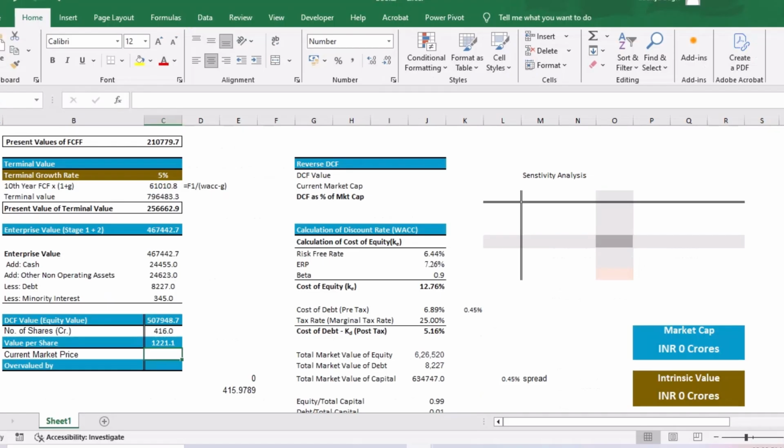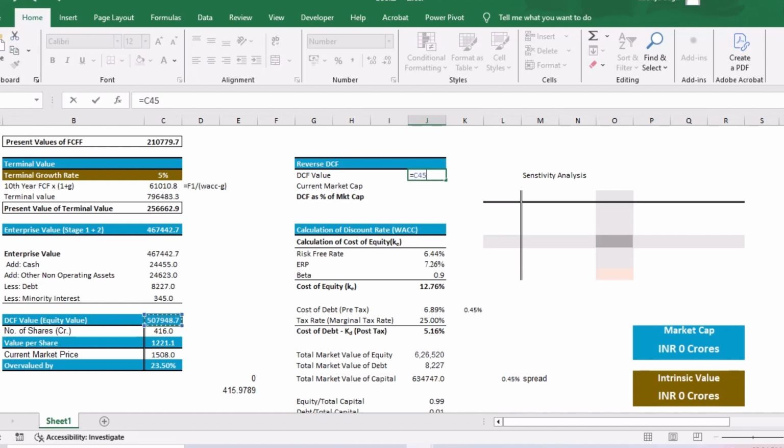Paste it over here. So the company is overvalued. It is overvalued by 23%. This reverse DCF is not of much use, but I will just show you how to do it.